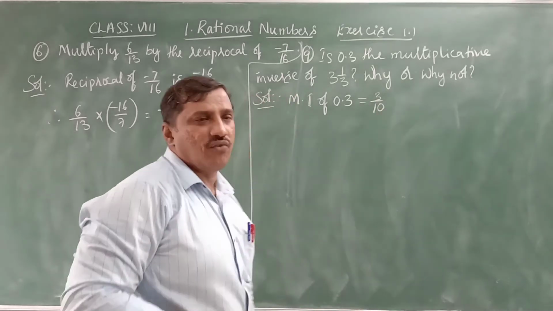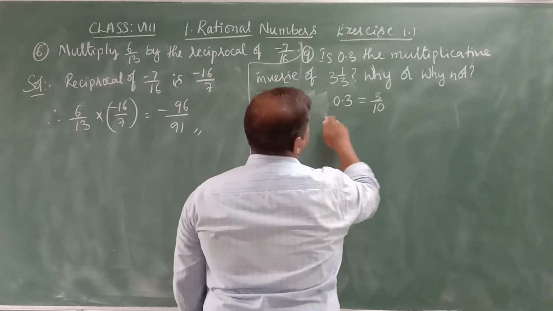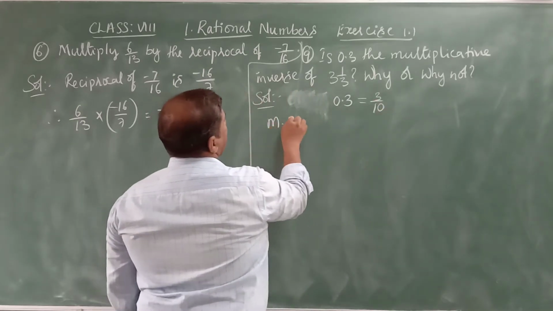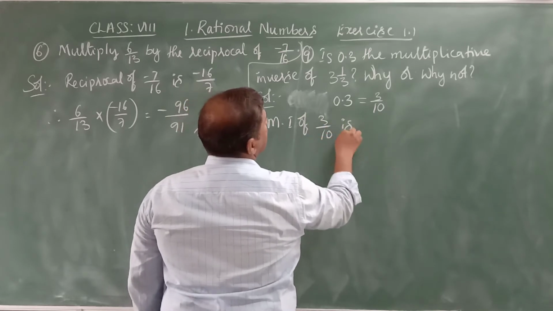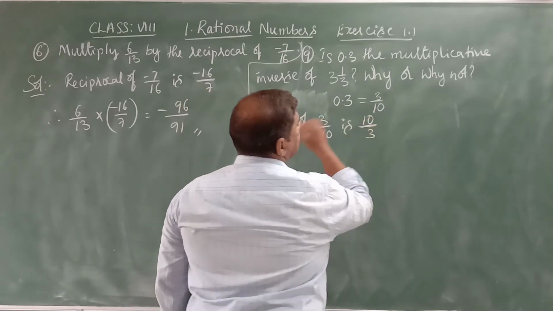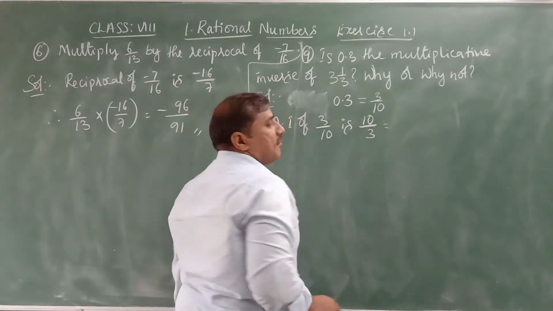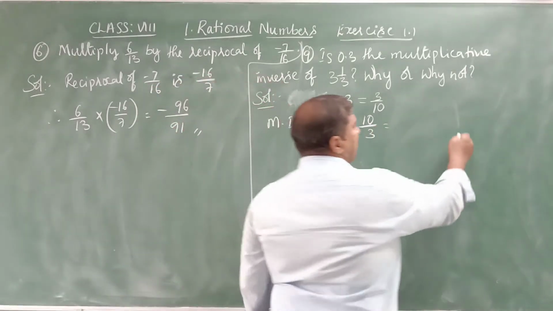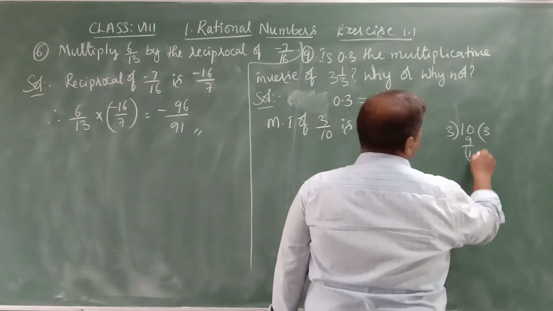That is p by q form. Simply, you can write 0.3 is equal to 3 by 10. Now, the multiplicative inverse of 3 by 10 is 10 by 3. Write this 10 by 3 in the mixed fraction form. So, when we divide 10 by 3, 3 threes are 9, 10 minus 9 is 1.